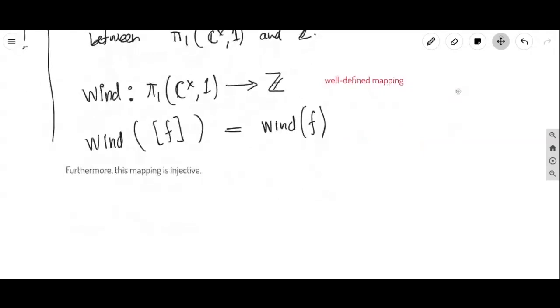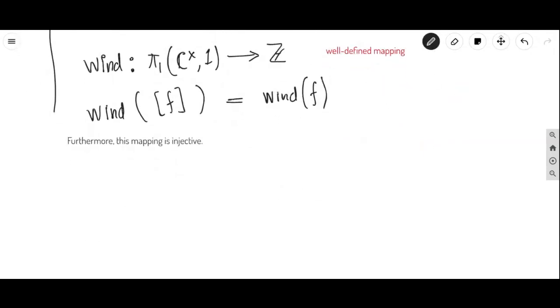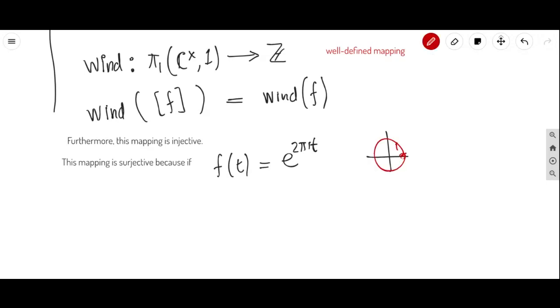And then finally, why is the mapping surjective? Well, that's very simple. If f of t is defined to be this, the loop that we talked about before, the loop that goes around one time around the origin, then the winding number of this loop is +1.